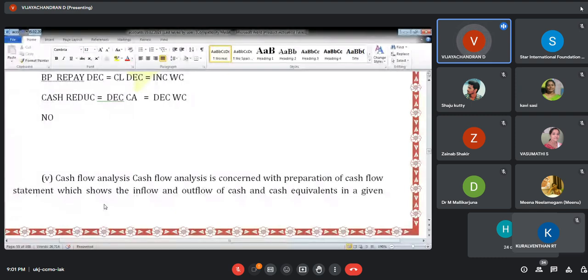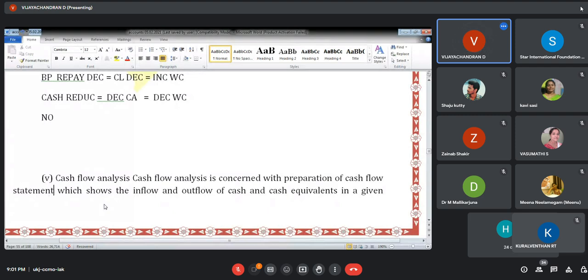As per accounting standard 3, kindly note, cash from operating activities. Operating activity means out of your sales.